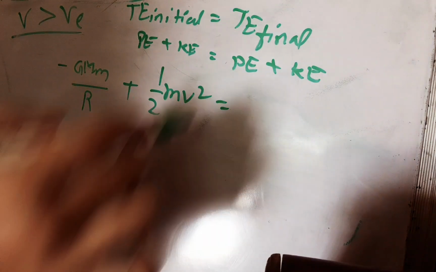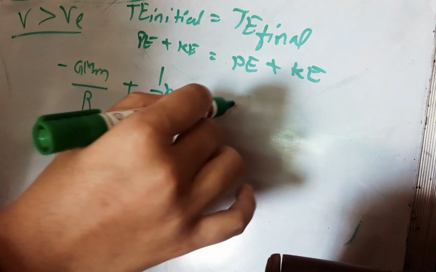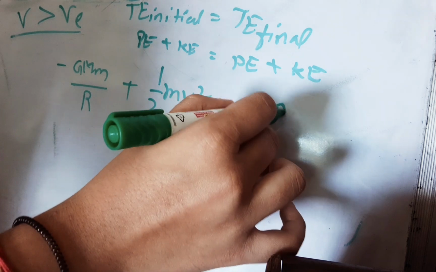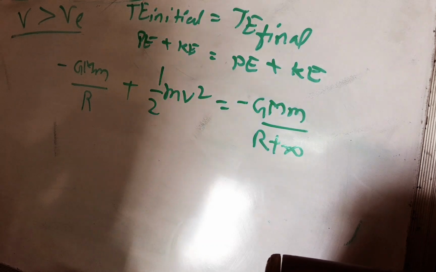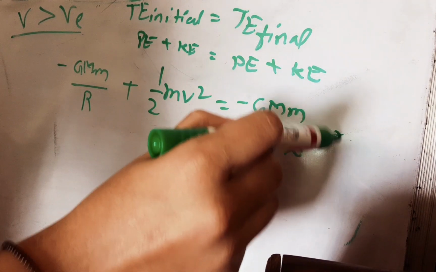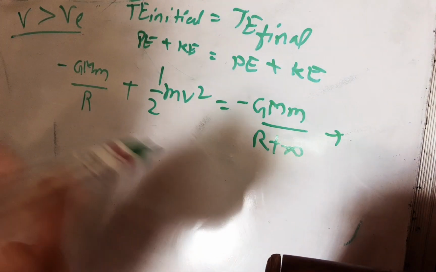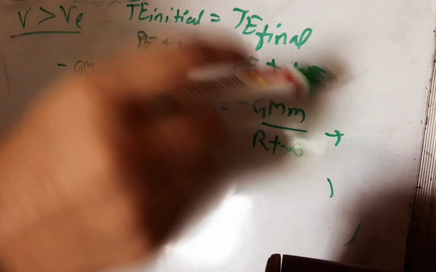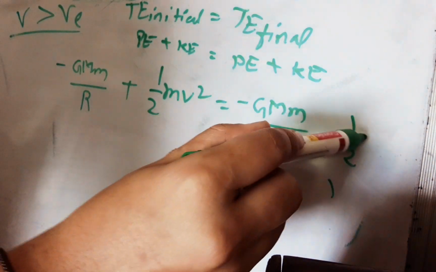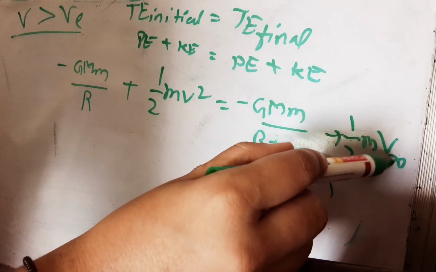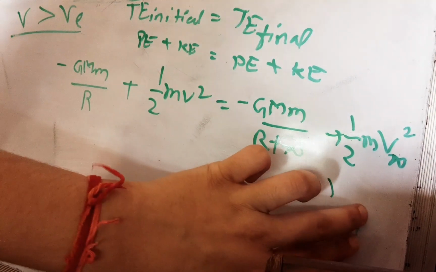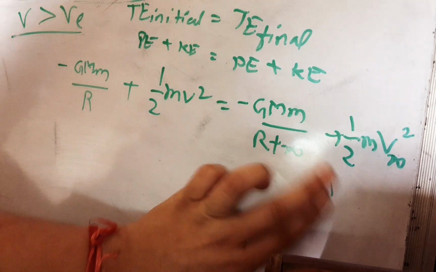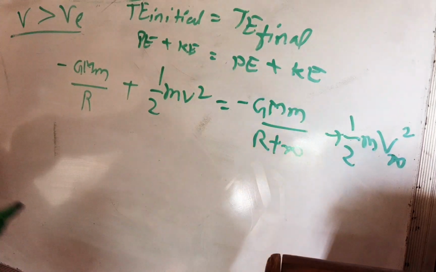This is equal to the final potential energy at infinity distance, minus GMm upon r plus infinity, plus the kinetic energy. It will still have some velocity, so it will still have some kinetic energy, half m v infinity square, because v infinity is the velocity at infinity. With v infinity I am representing that velocity.